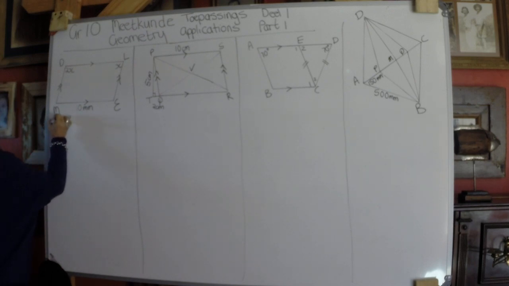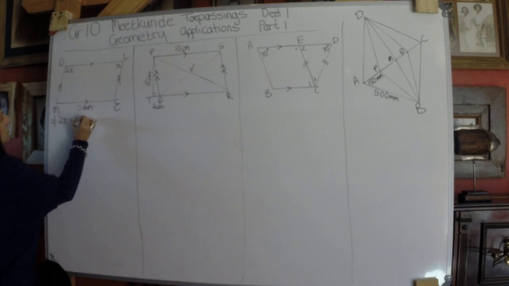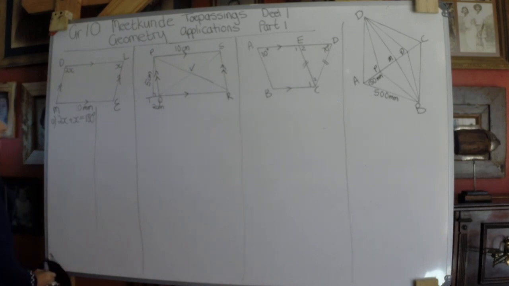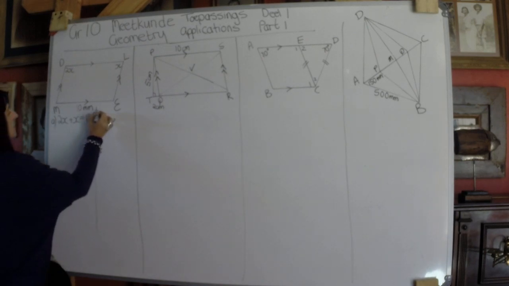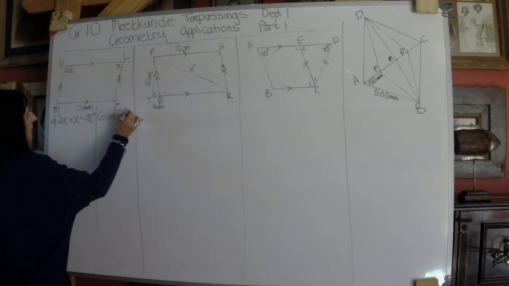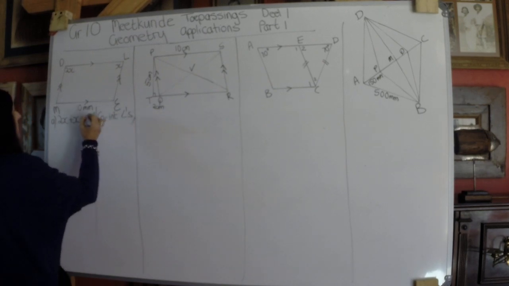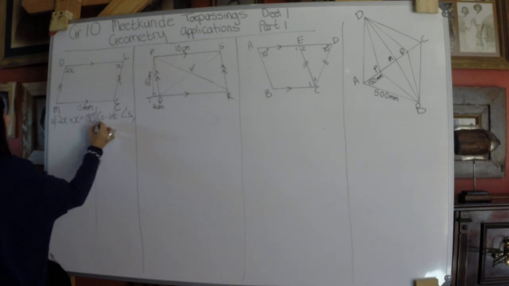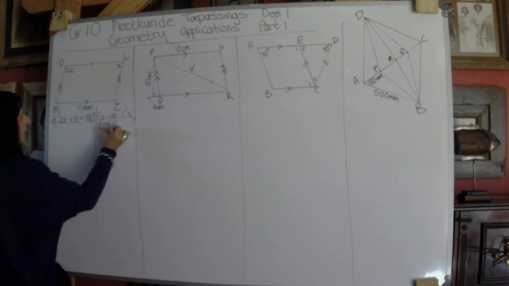Therefore, I can say that 2x plus x equals 180 degrees. And then we're going to insert our reason because it's co-interior angles. And don't forget that you must always give the parallel lines because DM are parallel to LE.